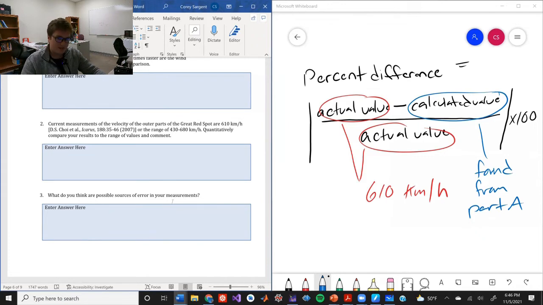Since the velocity is directly dependent on the circumference, if our circumference has some type of error, whether from us just estimating it or anything really, then of course the primary source of error is going to be how we calculated the circumference. And that should make sense to you.